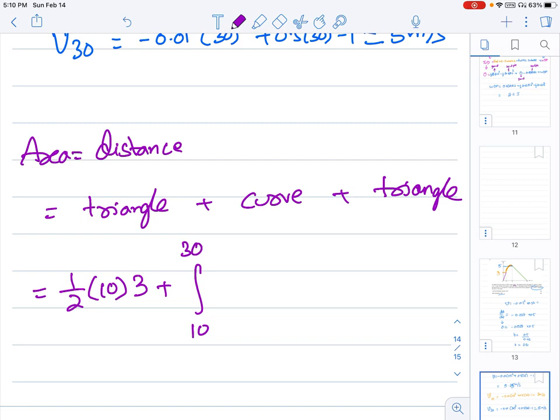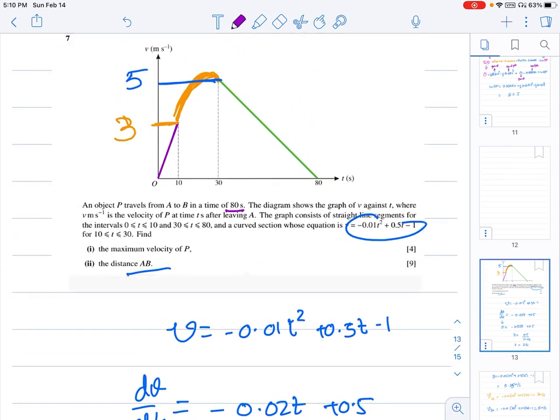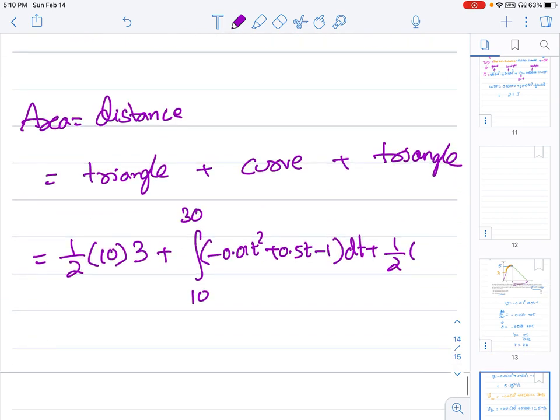I use the integration of minus 0.01 t square plus 0.5 t minus 1 dt, and the area of the third triangle is half, base is 80 minus 30, which is 50, and height is 5.